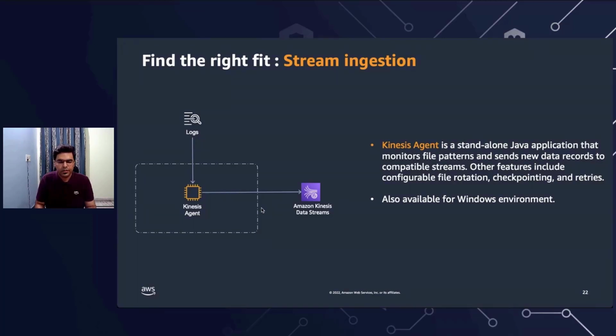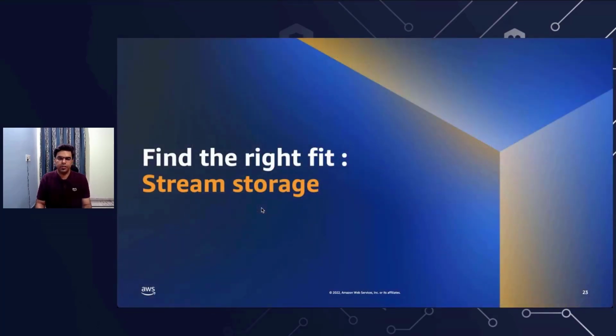So for all use cases where you have files being generated in a particular directory, Kinesis Agent is a more natural way of getting such data out. But once we have figured out how to get the data out, the choice next would be to decide where you want to store that streaming data.